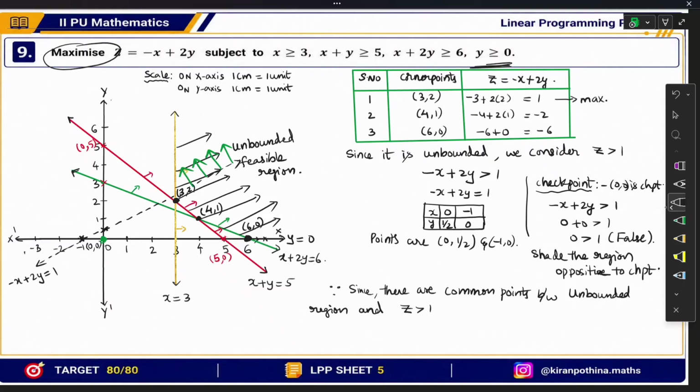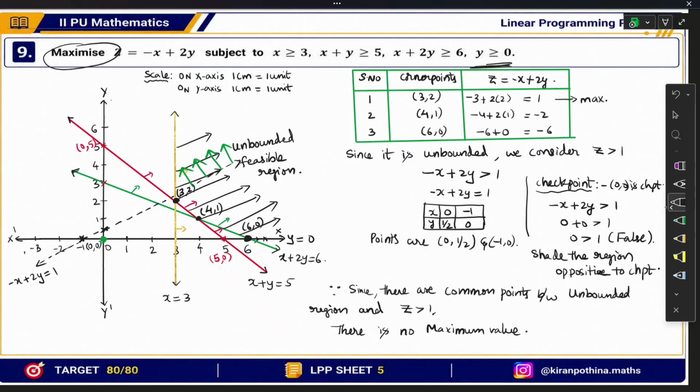Unbounded region means the old region. Z greater than 1 means this is the new region, the green area I drew. So since there are common points between unbounded and z greater than 1, what we'll say is there is no maximum value. There is no maximum value.